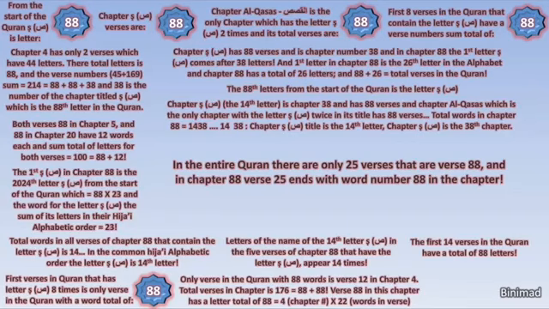Please allow me to repeat this. In the entire Qur'an, there are only 25 verses that are number 88, and in chapter 88, verse 25 ends with the word number 88, counting from the start of the chapter. This is yet another astonishing highlight of this miraculous code.